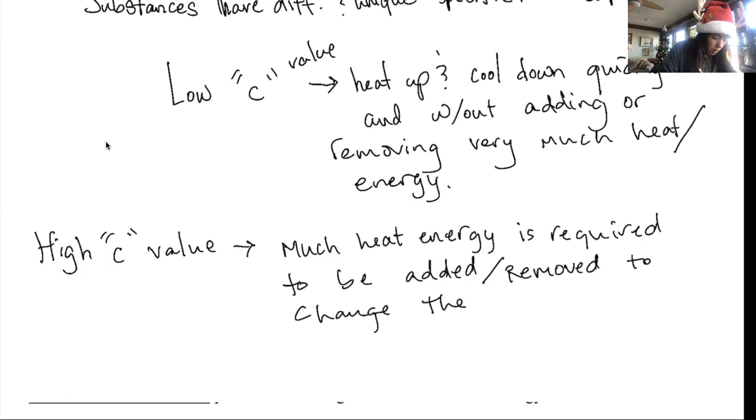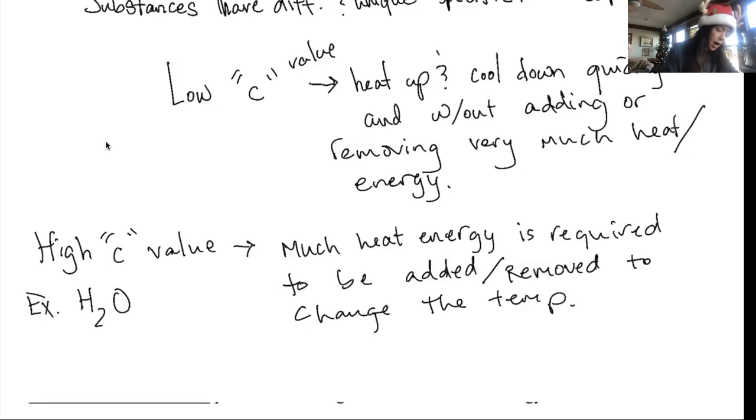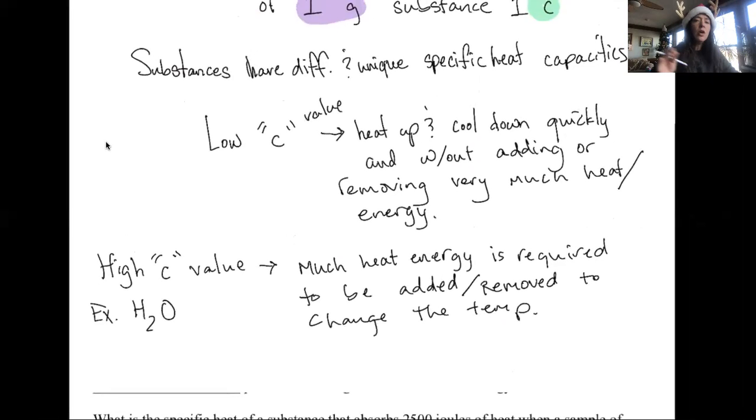So it's going to take longer. All right, water has a particularly high specific heat value. And you tell me, who would have a specifically low specific heat capacity? What types of substances heat up and cool down quickly? Metals, right? Metals are excellent conductors of electricity and energy and heat, because those particles are easy to shake, rattle, and roll, right?